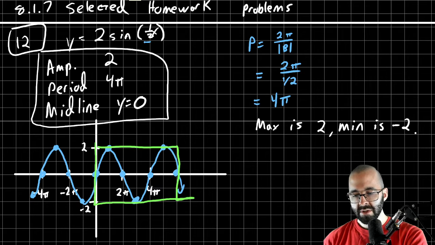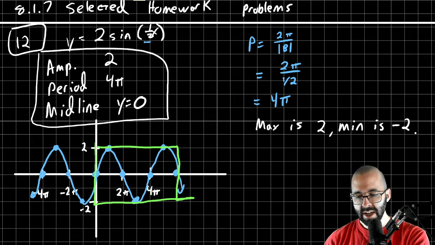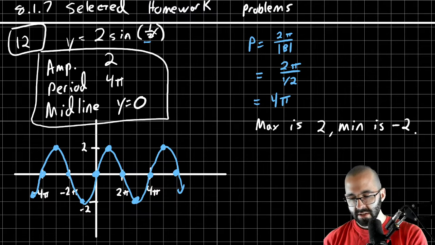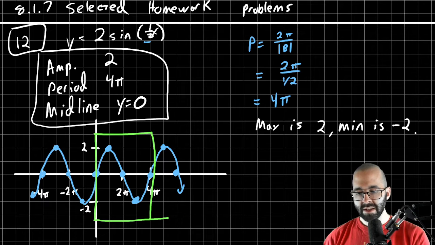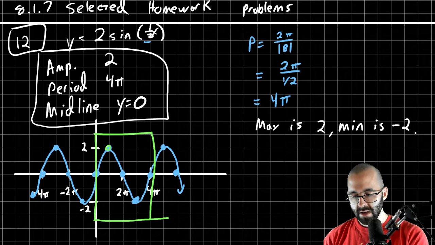So in this graph, where are these maximum and minimums attained? Let's keep that up. I kind of like that. This is one period. Did I have that wrong before? This is one period right here. Where do the maxima and minima occur? Here's a max, that's at pi. Here's a minimum, that's at 3 pi.